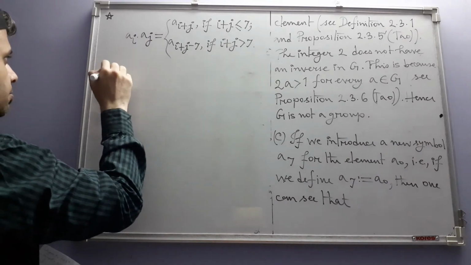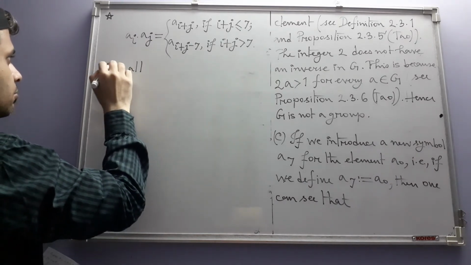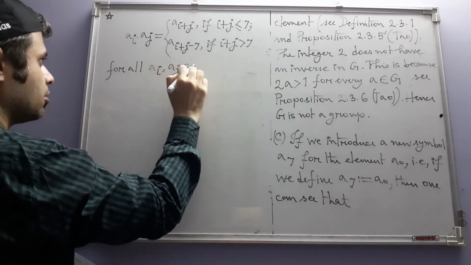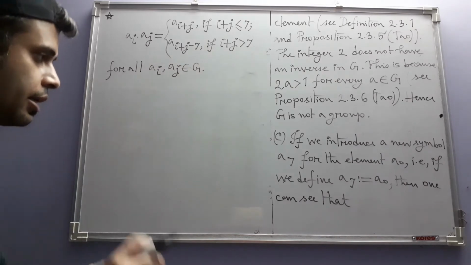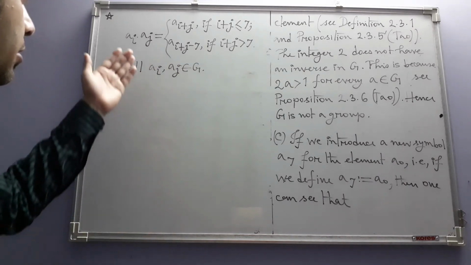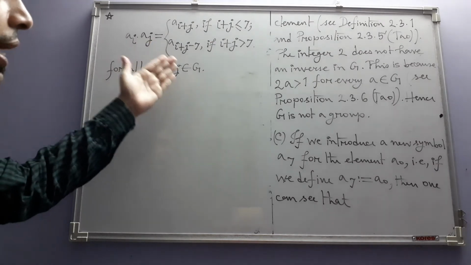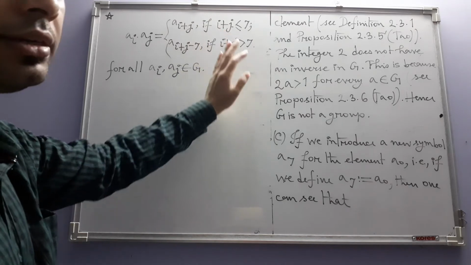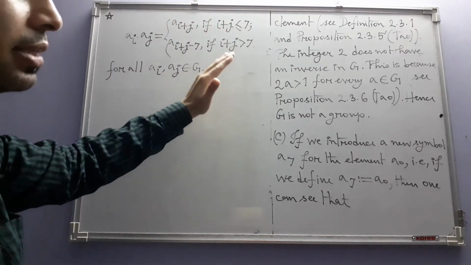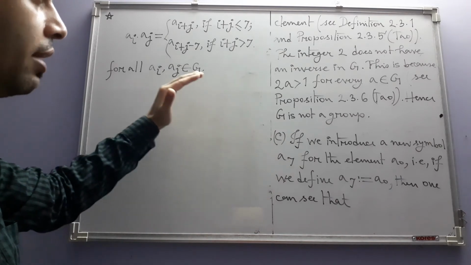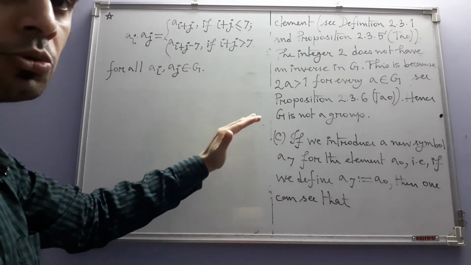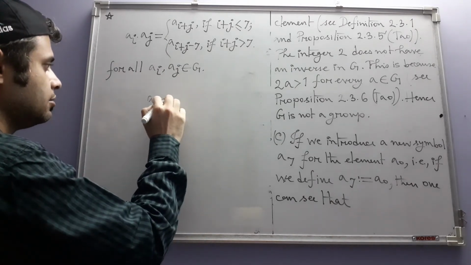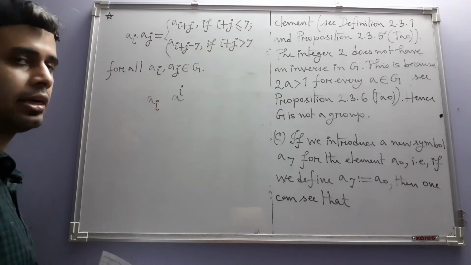For all ai and aj belonging to G, the advantage now is that this operation, which is actually nothing but the given operation represented in a slightly different way, matches exactly with the operation that we came across in example 2.4, where in place of ai you had a to the power i.